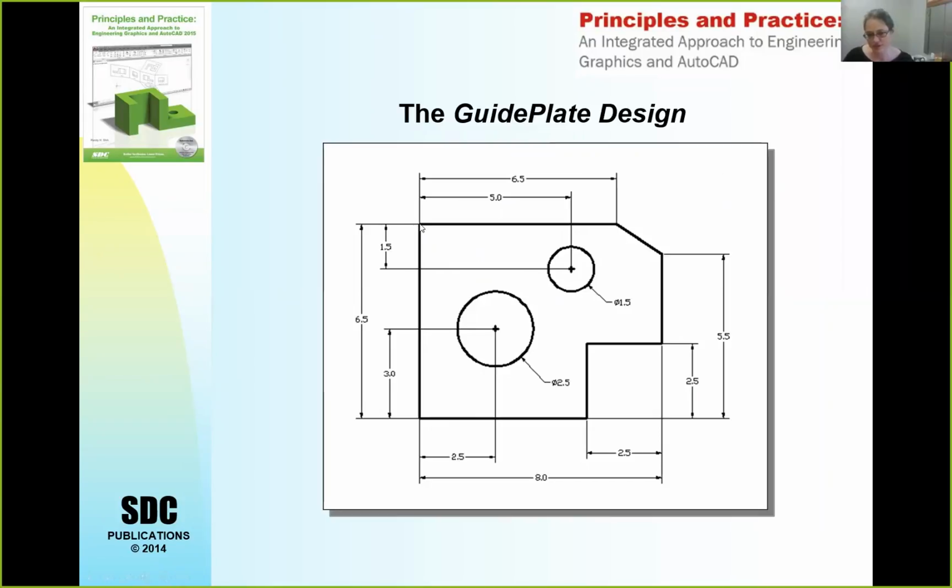So it's 1.5 inches from the top, which makes it 5 inches from the bottom, which makes it 2 inches up from the top, or from the center point of this circle. And it's 5 inches over. So we could also use our global or our absolute coordinates.